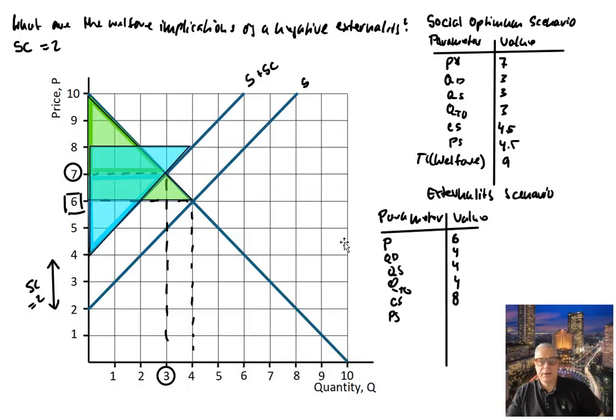So that means technically the producers get the price of 6. But the way we can think of it, that in addition to 6, the reservation price, they get basically a cost reduction of 2 because they don't have to pay for the social cost, which is like they get a higher price, right? Because they get something for free.